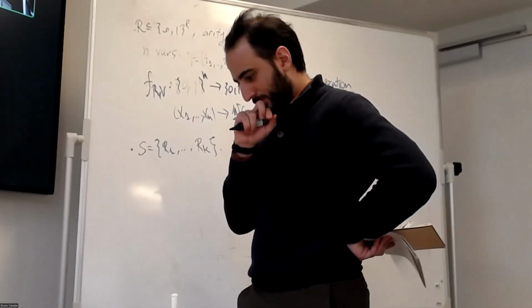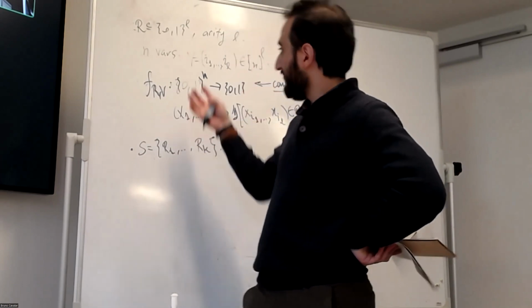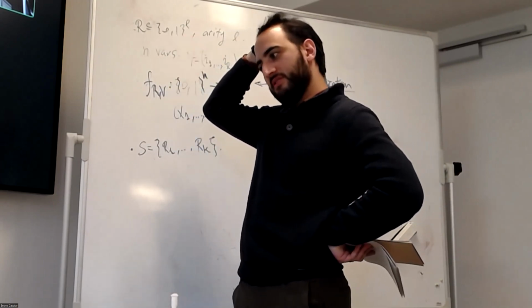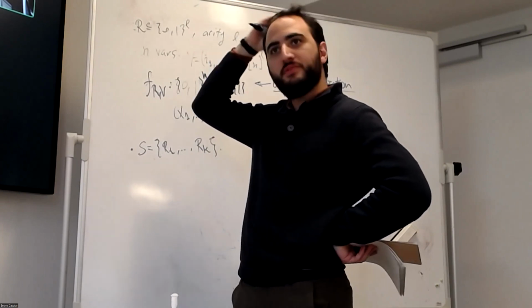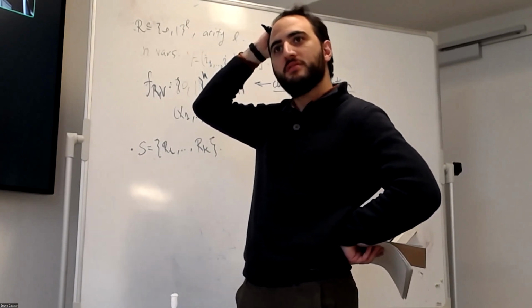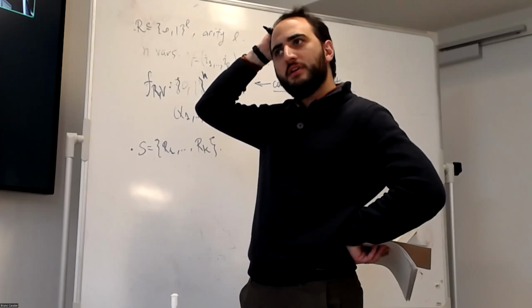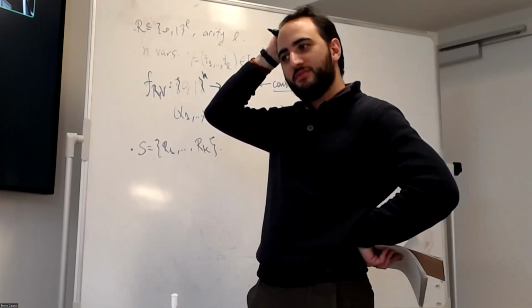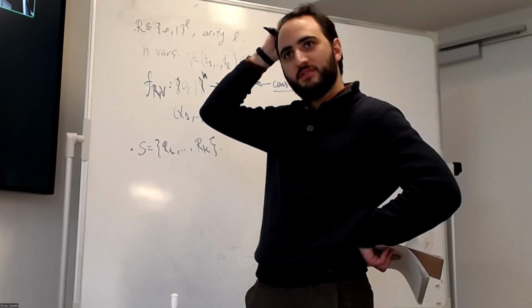The relations will be only defined on the binary alphabet, because basically the relations are like the truth tables of the constraints. I don't know if that answers your question.